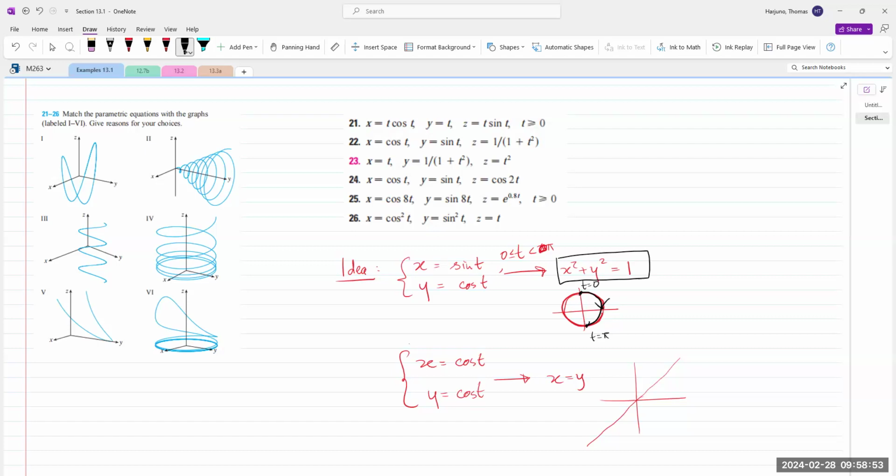However, if we consider these only, then notice that cosine t has the range between -1 and 1. In other words, when you graph this, you will only get a line segment, not the full line, because the range of cosine t is from -1 to 1.